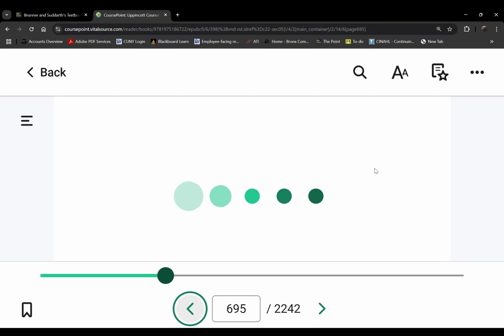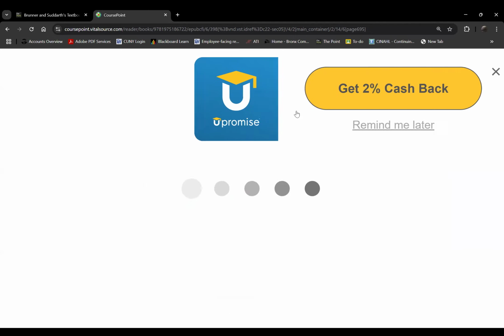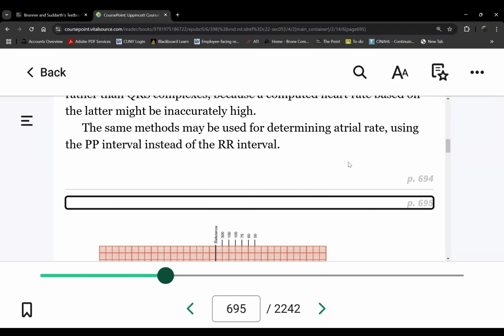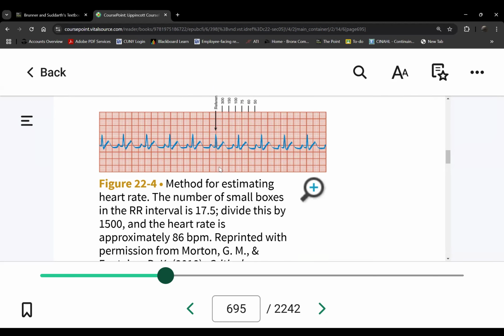Isoelectric line means a flat line from which each wave seems to start and end. Does that make sense? Meaning you can draw a straight imaginary line along a reading, and notice that each wave and complex leaves and returns to the same isoelectric line. It works better if you have your own textbook. It's not very clear here. Are you following? Okay.